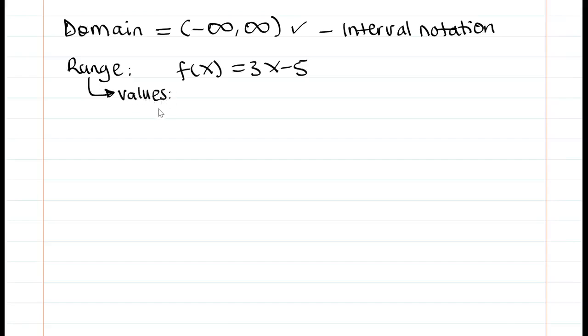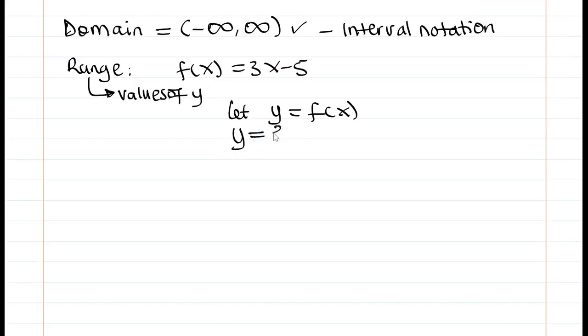And the set of the values of y must be well defined by x or by the domain. So what we do here, we say let y be the same as f of x. Then we make y the subject.